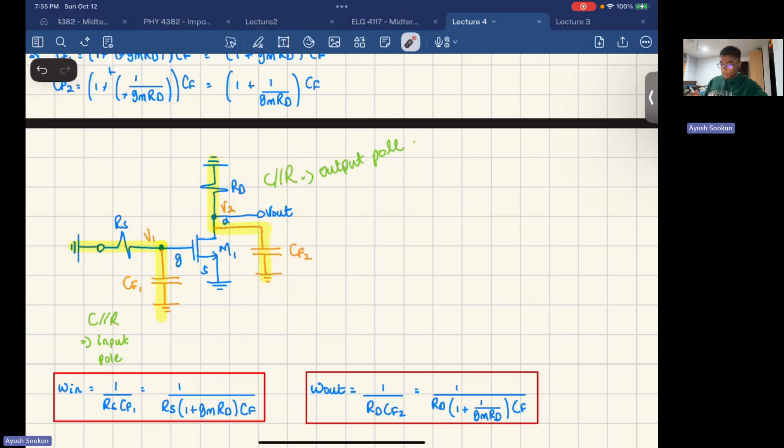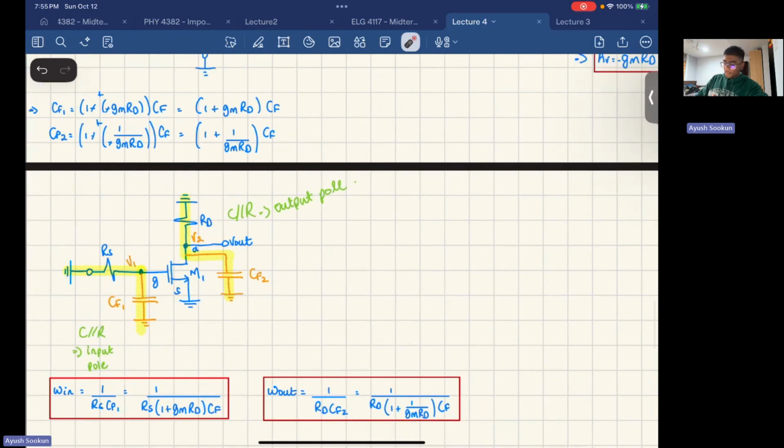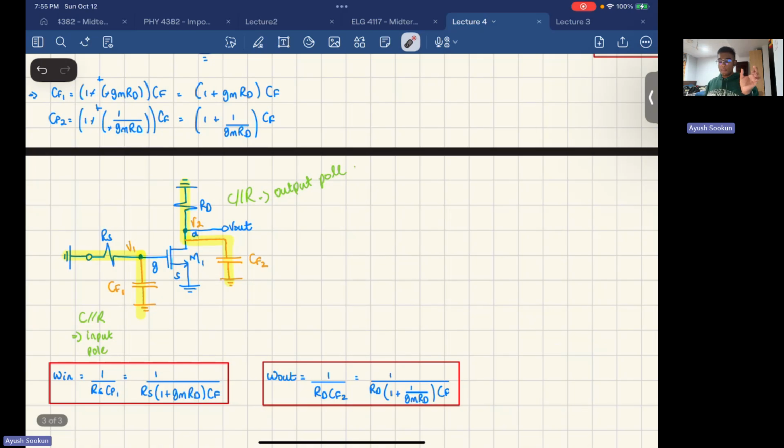All right, so we have a capacitor in parallel with RD and a capacitor in parallel with RS. These two capacitors are both going to produce poles. And what is the equation of a pole? The equation of a pole is 1 over the resistor times the capacitor. That's basically it. In this case, since we have a pole at the input and at the output, I'm going to call them omega in and omega out.